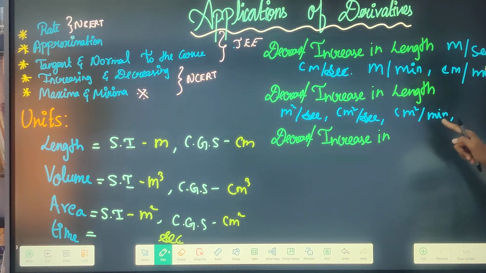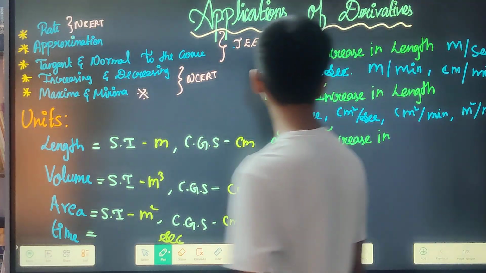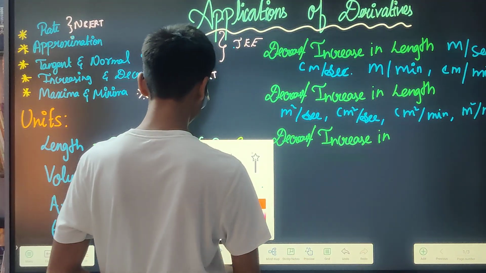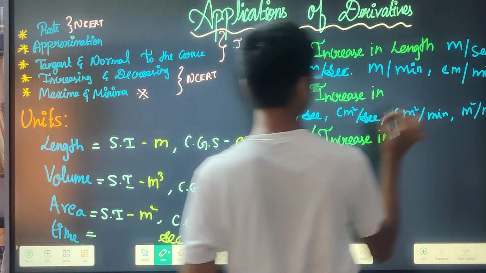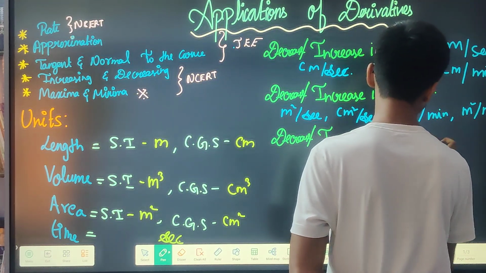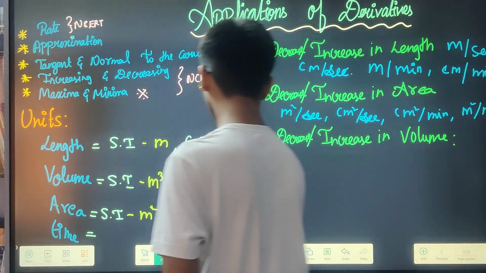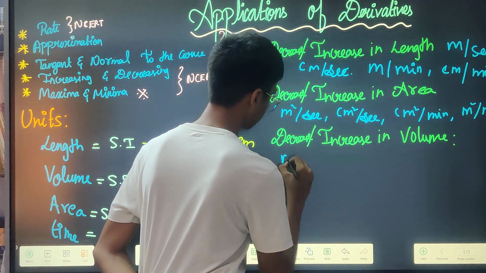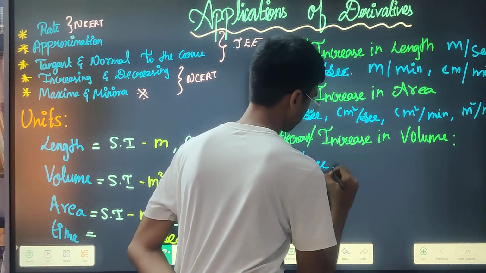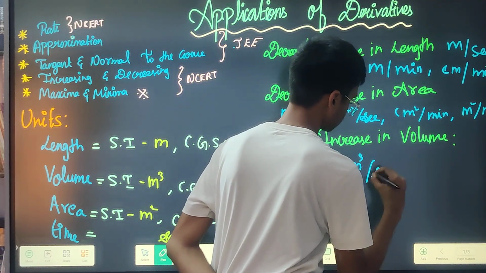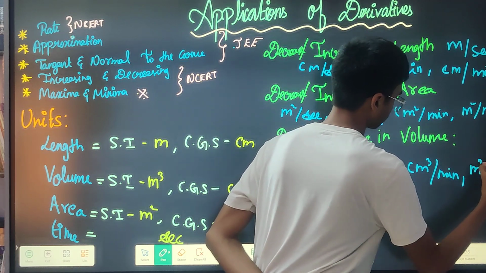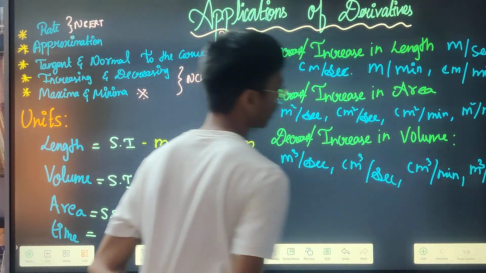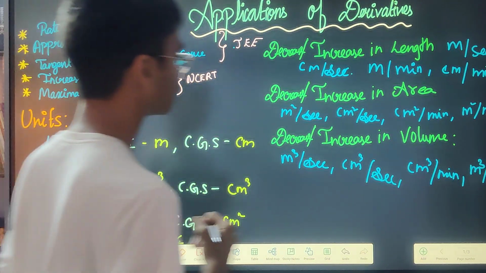I have written meter square per second, centimeter square per second, and meter square per minute. Then in volume, actually this is an area, and this is volume. For volume, you will have meter cube per second, centimeter cube per second, centimeter cube per minute, then meter cube per minute. So these are your possible SI units.